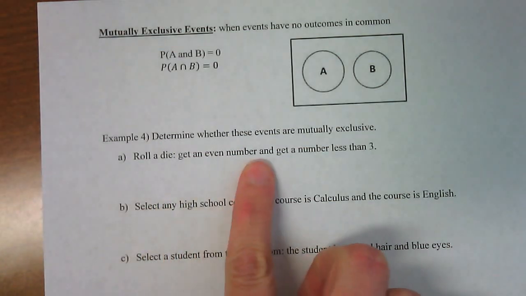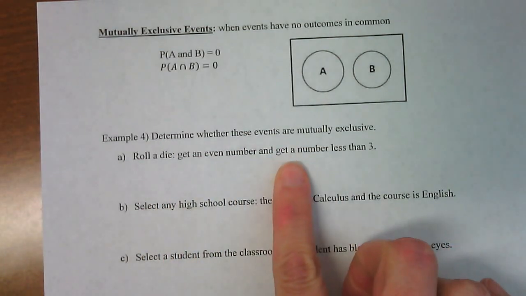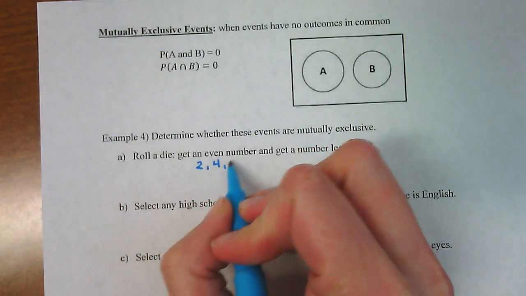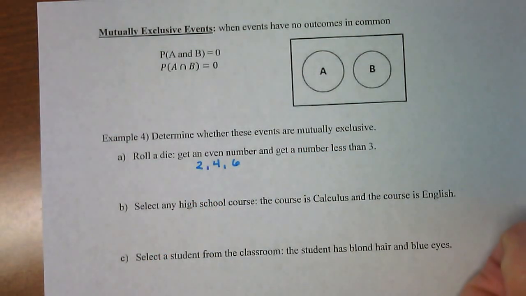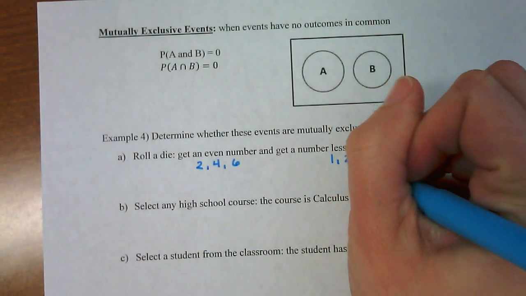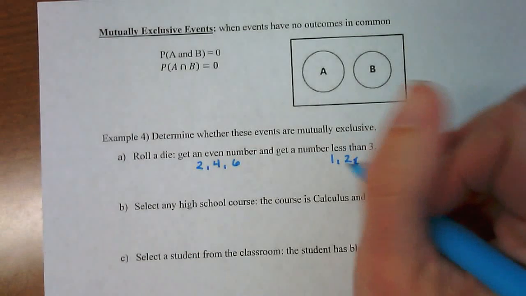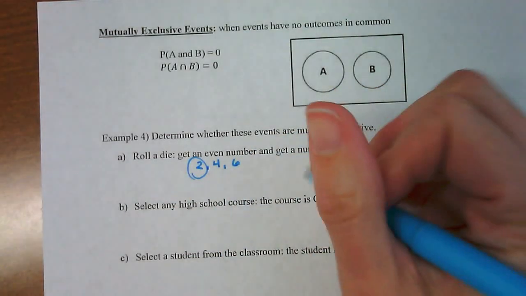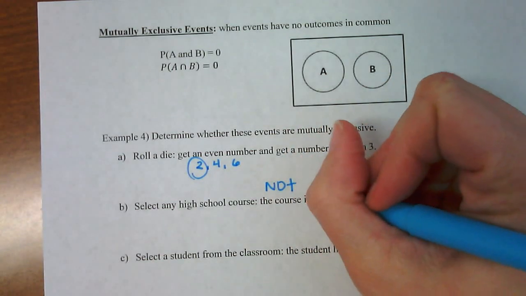I roll a die, I get an even number, and I get a number less than 3. So if I roll a die, my possibilities for evens are 2, 4, and 6. If the number is less than 3, it's a 1 and a 2. So 2 is on both lists, so they're not mutually exclusive.